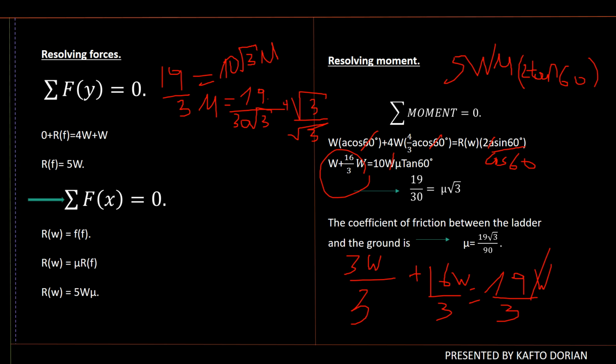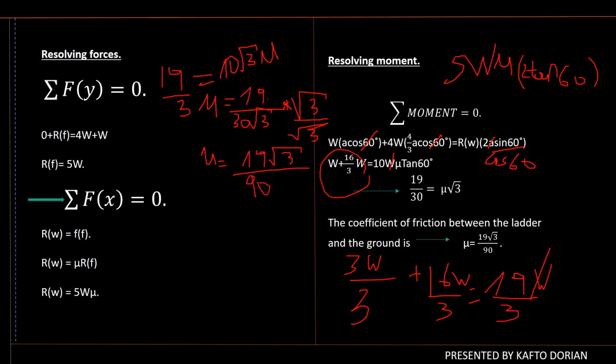So you are just rationalizing, times root 3 on root 3. So if I rationalize it, I have what? The coefficient of friction equals 19 root 3 on what? 30 times 3 is what? 90.